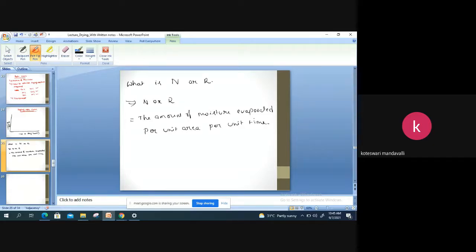By the definition, you can see that it is similar to flux.